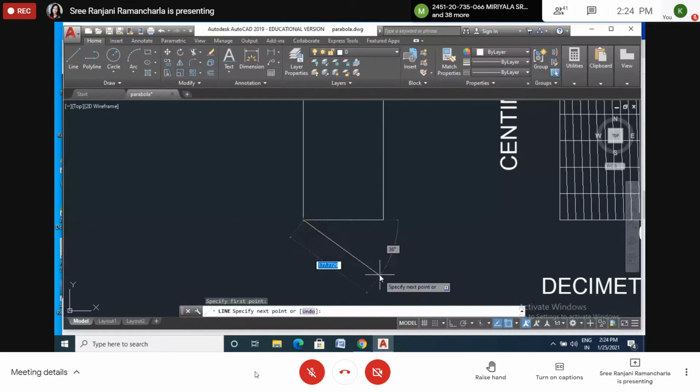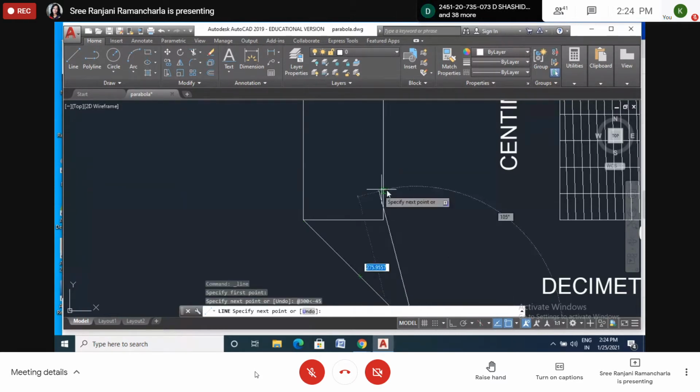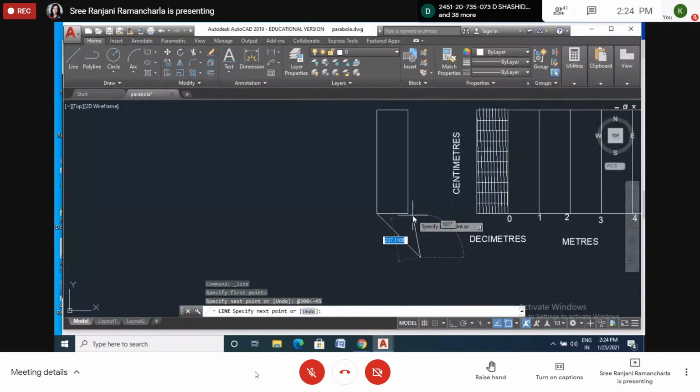This is the first point, and another point is at the rate of 300, less than the angle. For practice, I will take minus 45. This I got a very big size, so I will take only 3 centimeters plus 2 centimeters.